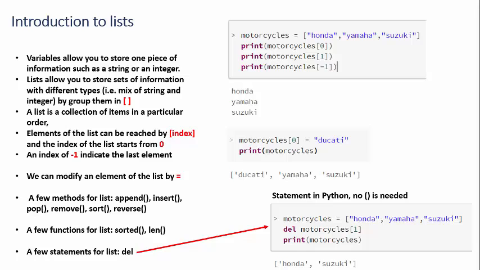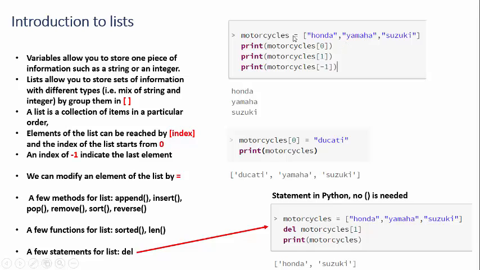So here is one example. motorcycles equals, in the square bracket, I have "Honda", "Yamaha", and "Suzuki" in quotation marks. We know that anything between two quotation marks is string content. In that particular case, we have 3 strings, separated by commas and enclosed by a square bracket, which defines a list.